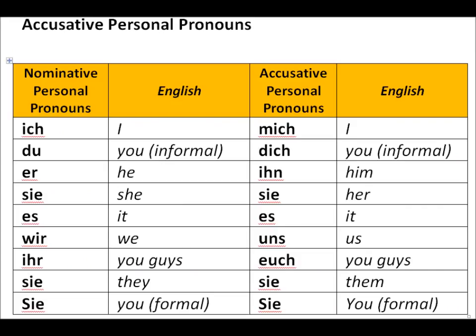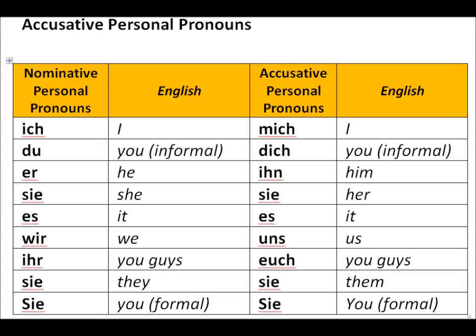These are the accusative personal pronouns, okay? As a reminder, I put the nominative personal pronouns in the first column, and then I put the accusative personal pronouns in the third column. And you have the English translation, okay? So ich is I, du is you, er is he, sie is she, es is it, wir is we, ihr is you guys, sie is they, and Sie is you, formal, okay?